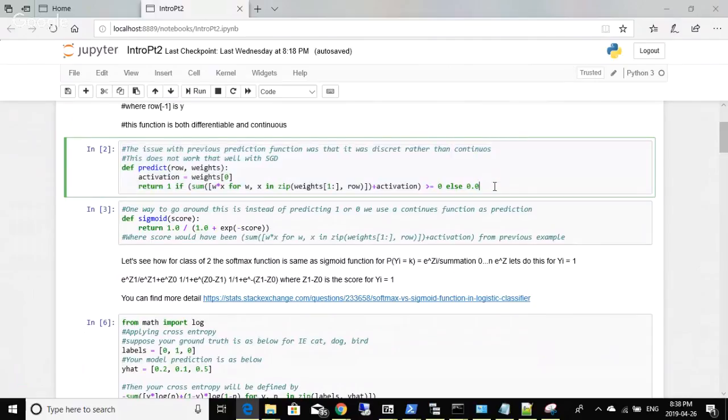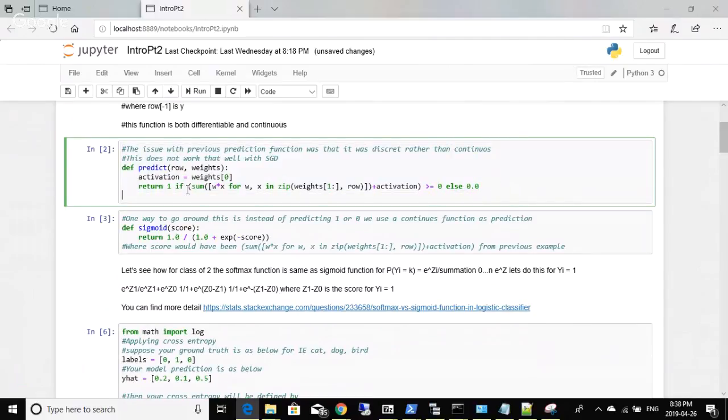Say you have this sum here, let's say 0.6.